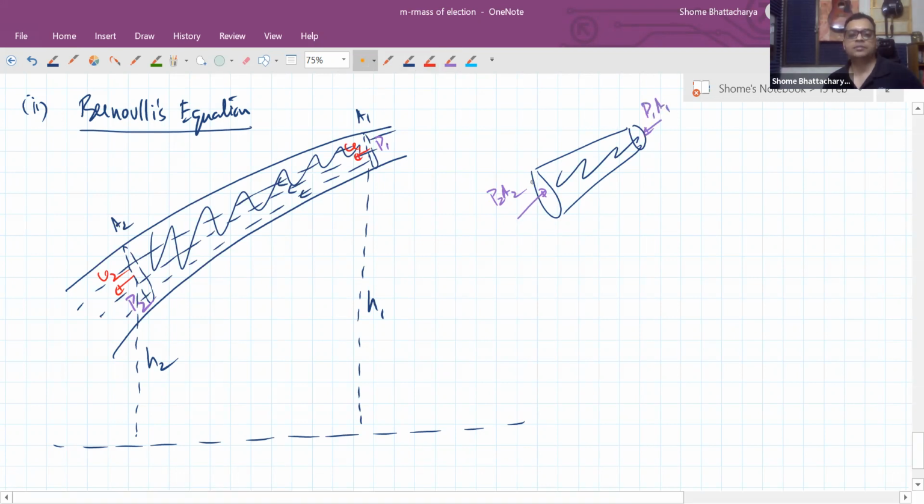In a small time, if this is the situation at time t, a small time later it would have been displaced like this, where this would displace by V2 delta t and this would displace by V1 delta t. So the net work done should be equal to the change in kinetic energy plus the change in gravitational potential energy. So net work done by external forces on this, you can see P2A2 is doing negative work.